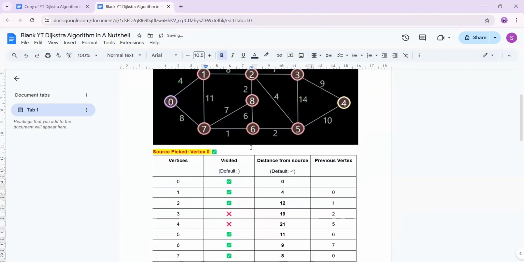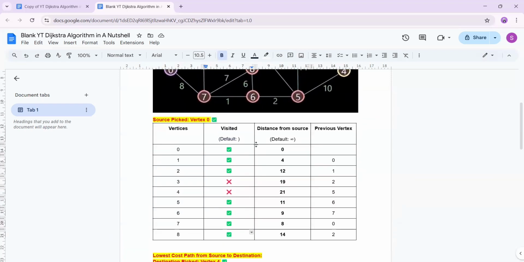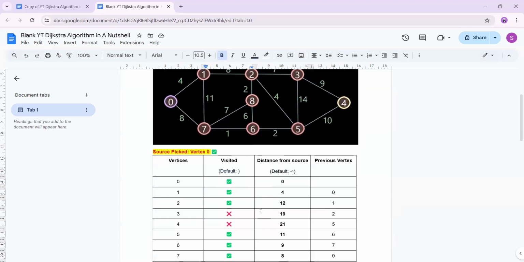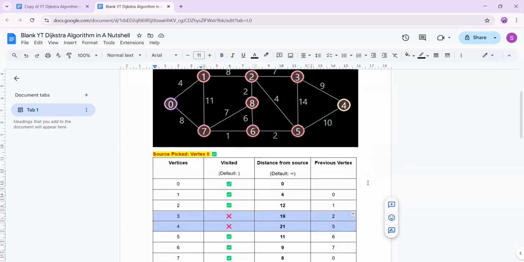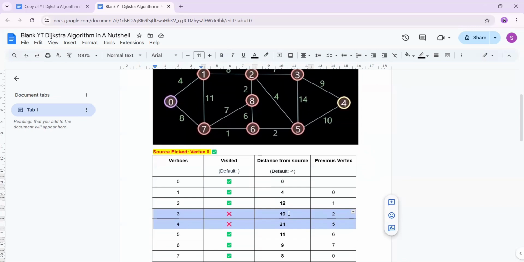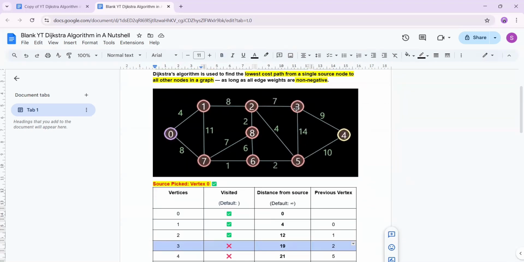So from vertex 8, now we're left with 3 and 4 here. The smallest distance from source is 3 here. So from 3, I can only visit 4 because the rest of it is visited.